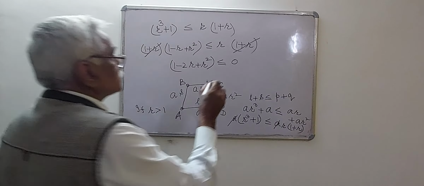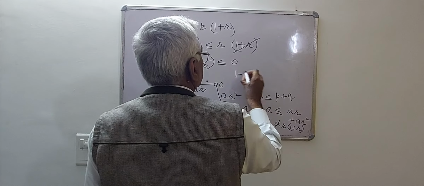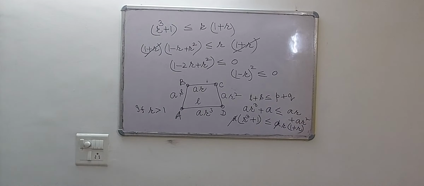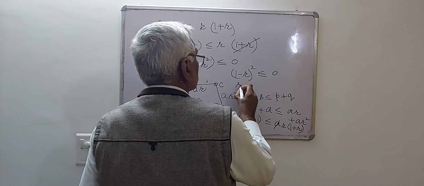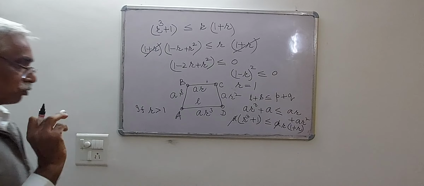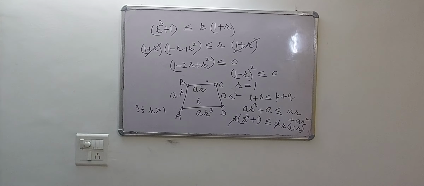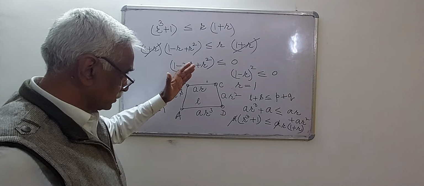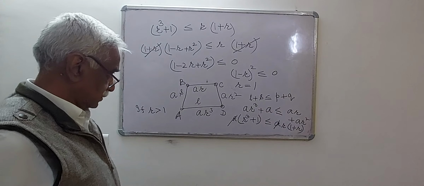Or it can be written as (1 minus R) square is less than or equal to 0. The only possible solution is when R is equal to 1. In that case, all the link lengths of a 4-bar linkage are of equal size.